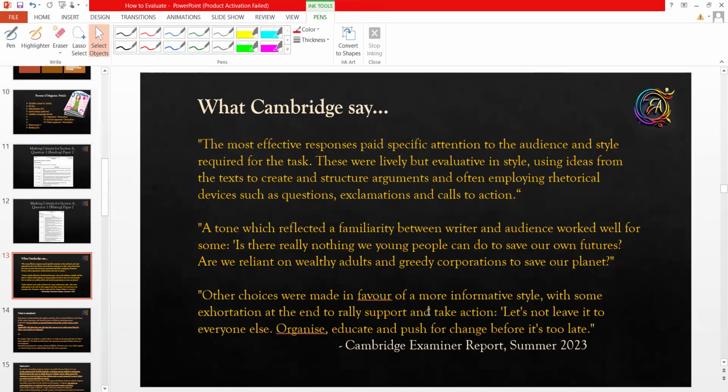The most effective responses paid specific attention to the audience and style. That is what we have learned earlier. The style, that means what type of tone, and the audience, according to which you must set up your tone, your style. Okay? If you are talking to students, obviously your tone should be a bit informal.